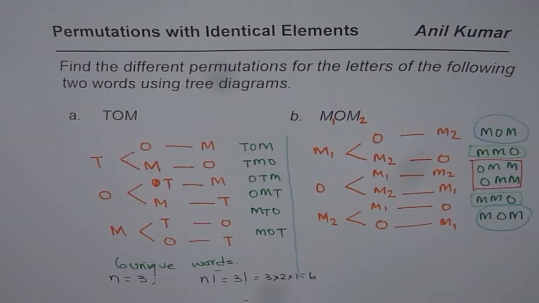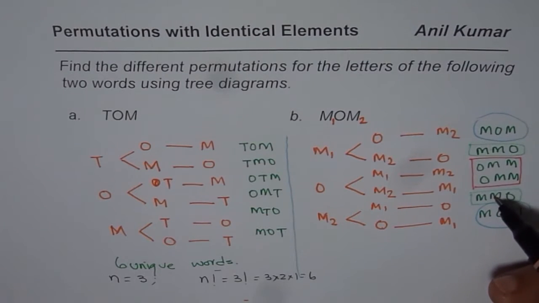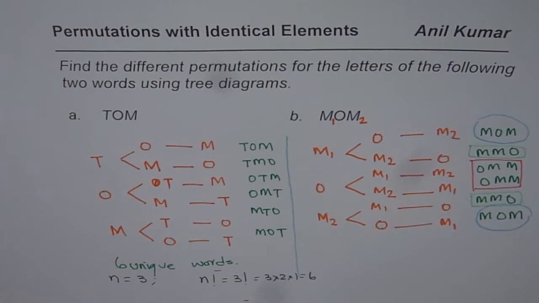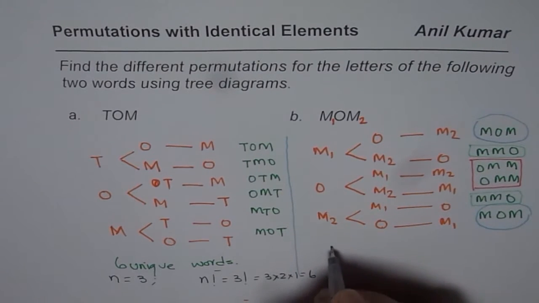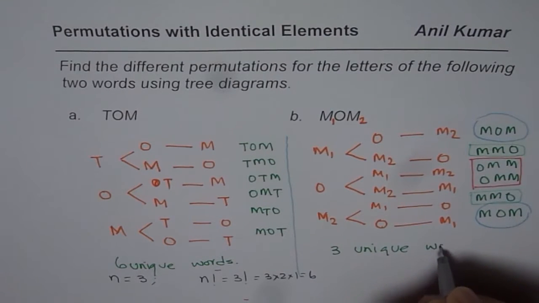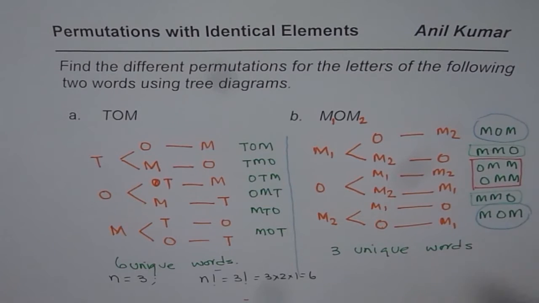So we are left with three unique combinations. Out of these six combinations, 2, 2, 2 are repeated. Therefore, we have three unique words here.